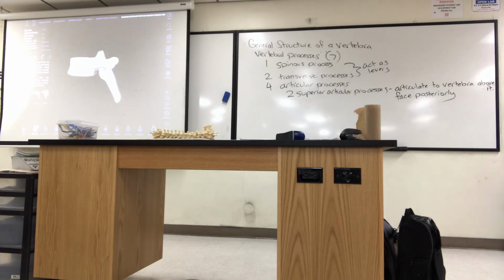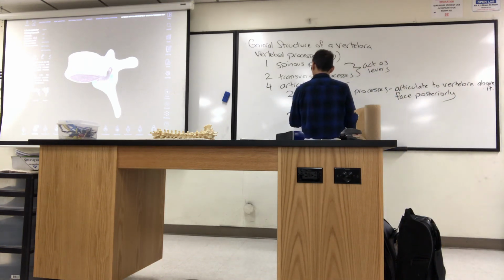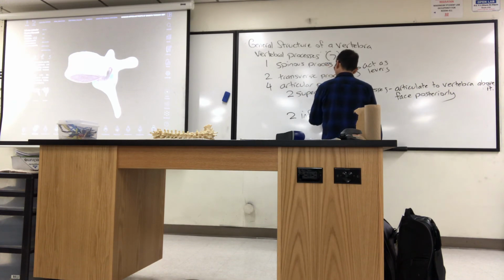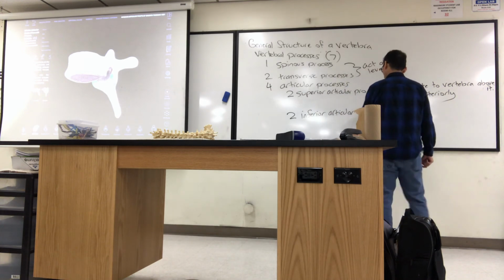Okay, then you have two inferior articular processes. Let me see if I can highlight them. See those two things highlighted in green? Those are the facets of the two inferior articular processes.